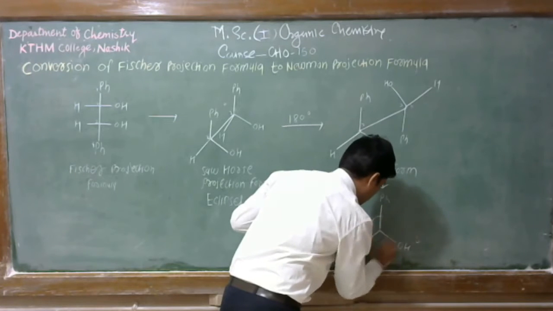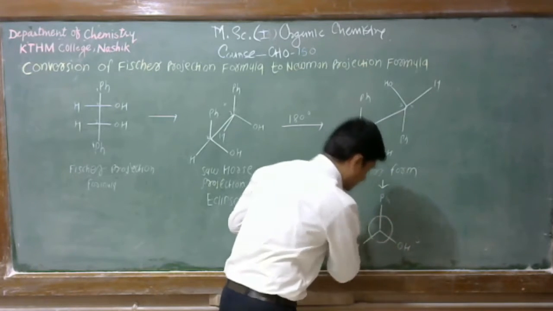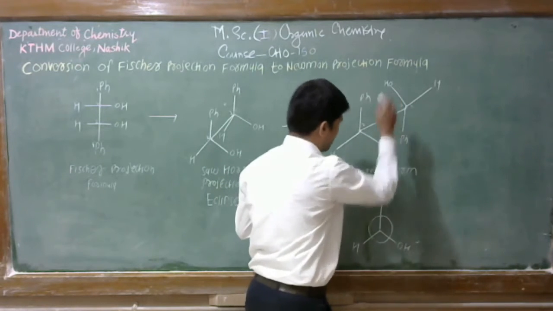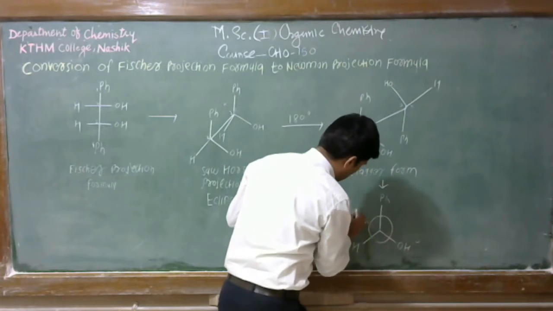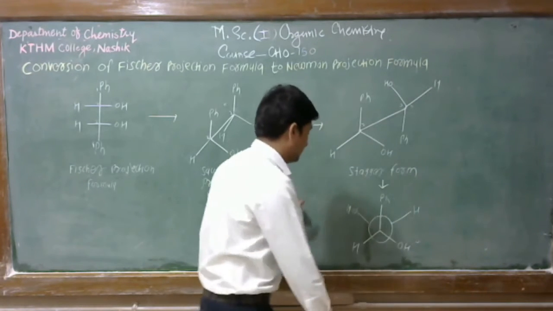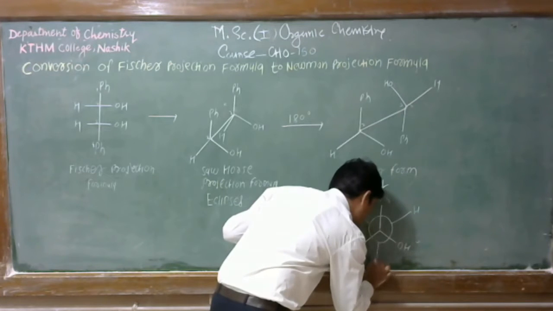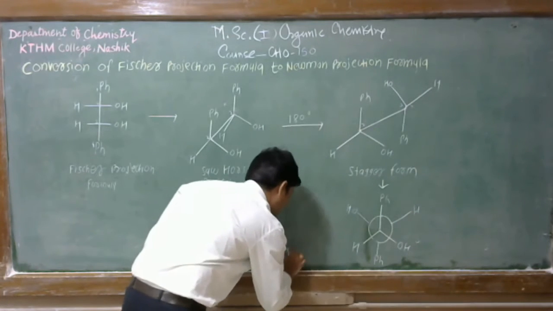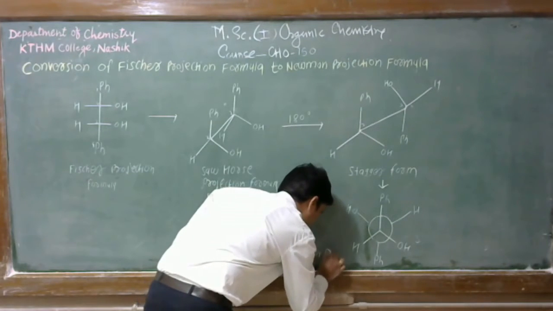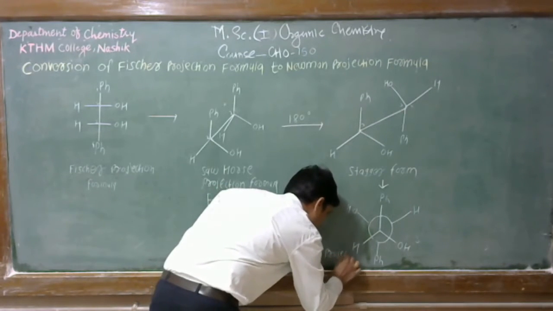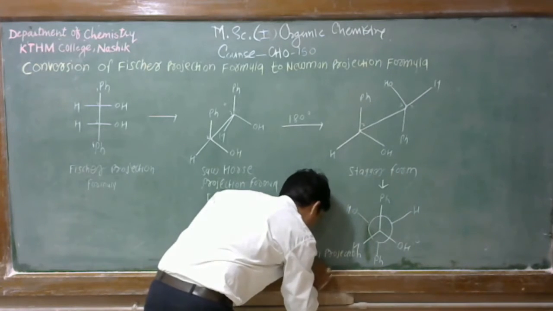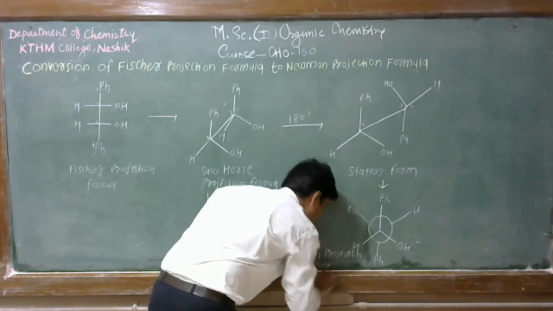Then after we are showing here the rear carbon atom, and on the rear carbon atom the hydroxyl group is toward the left hand, the hydrogen is toward the right hand, and the phenyl group is toward the bottom. So this is the Newman projection formula in staggered form.